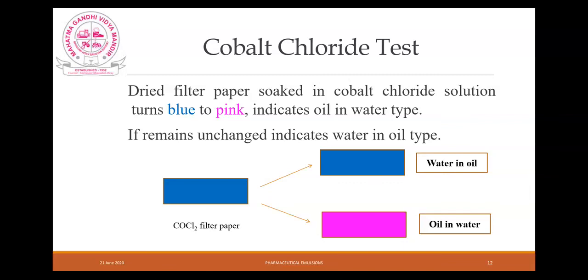When this blue colored filter paper is dipped into the emulsion, if the color changes from blue to pink, it indicates the emulsion is oil in water type, and if it remains unchanged, it indicates the type of emulsion is water in oil. So with this we conclude.